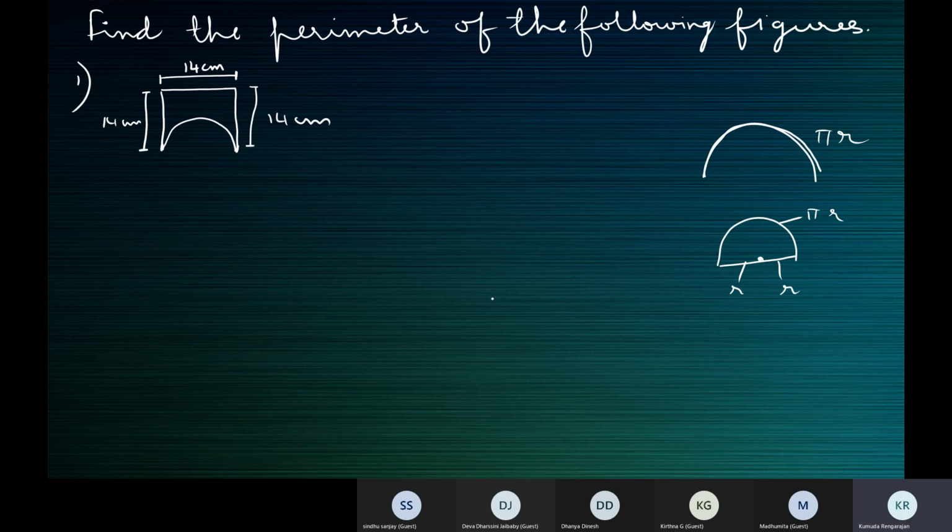The length of this arc alone is pi r. But when it's combined with this line segment, which is the diameter, this is r, this is r, so the length of the boundary of this figure is pi r plus 2r.